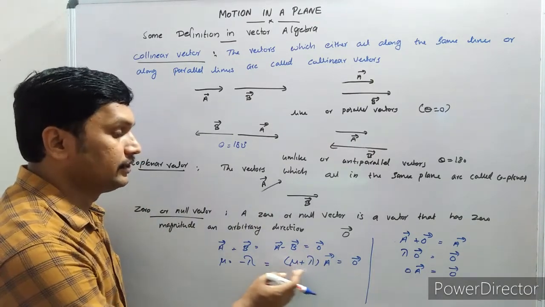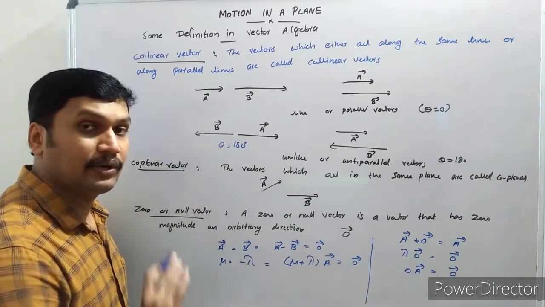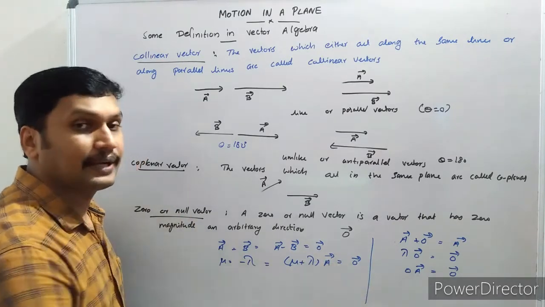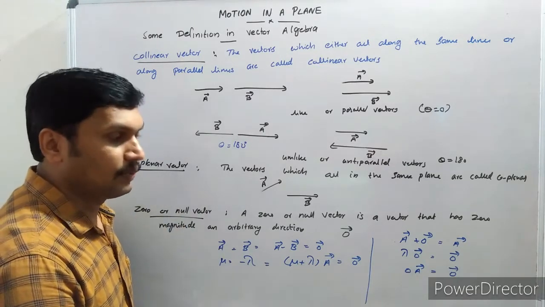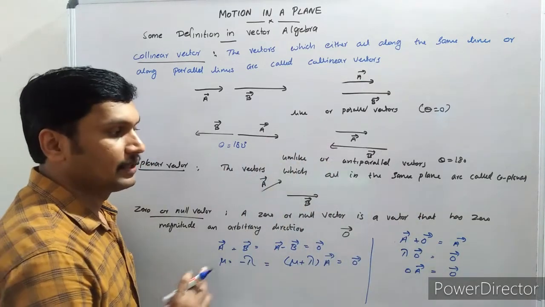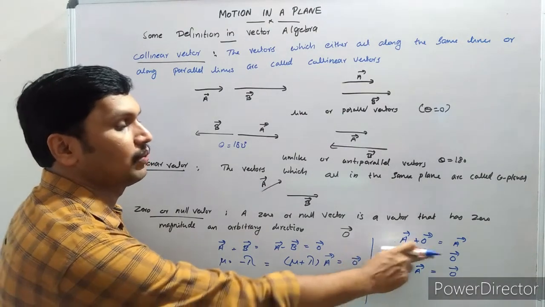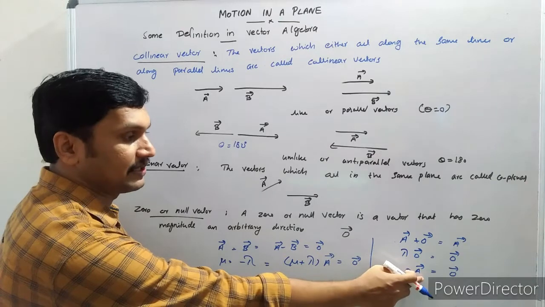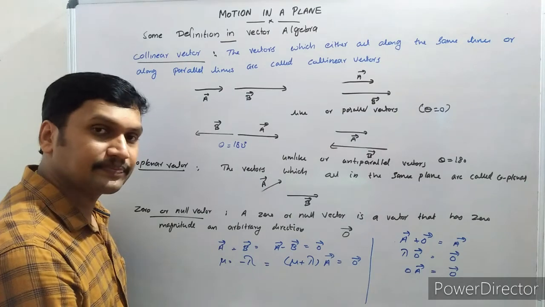If you multiply nu plus lambda by a vector quantity A, again it is not a scalar quantity; it is still a vector quantity of 0 magnitude, so it is a null vector or zero vector. Some properties of the zero vector: adding vector A plus the null vector equals vector A. If lambda is a constant or scalar quantity, lambda times the null vector is a null vector. And 0 times vector A is a null vector or zero vector.